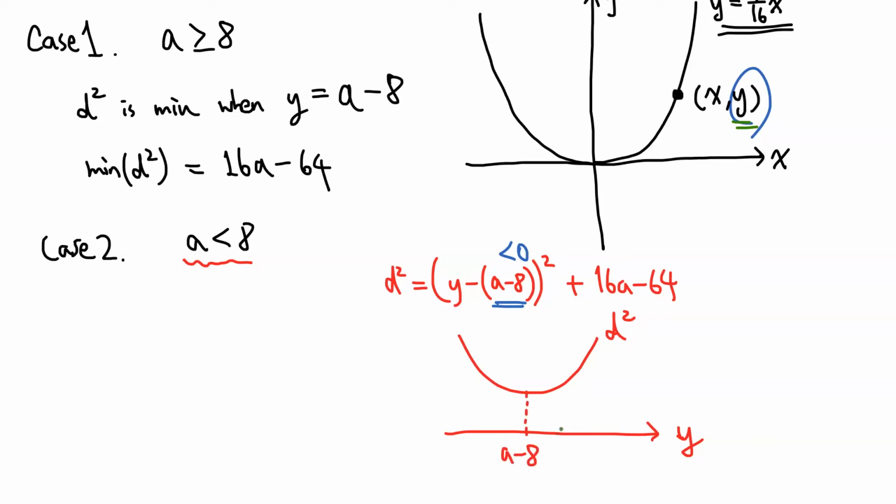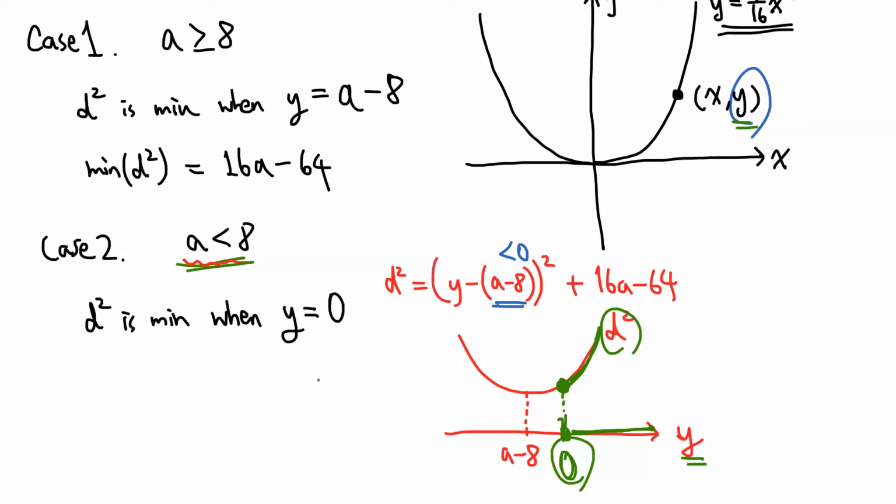In the second case a minus 8 is negative, and y is defined only when y is non-negative. So the possible values for d squared are only this part, which means that in this case, d squared is minimum at y equals 0, and you can easily find that the minimum value is simply a squared.